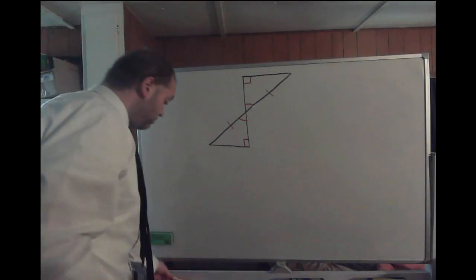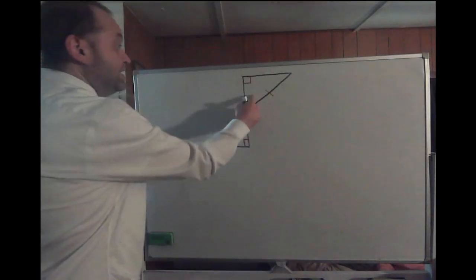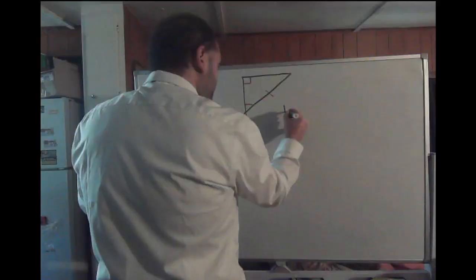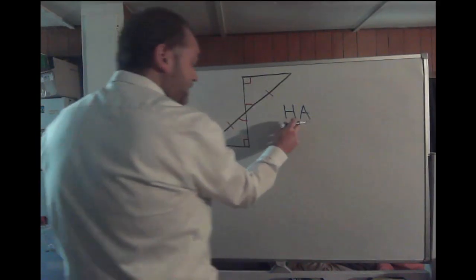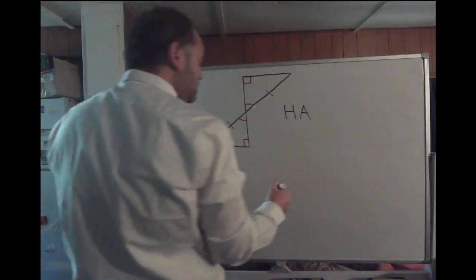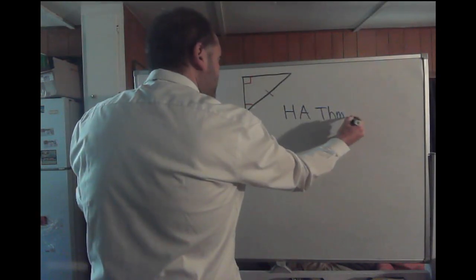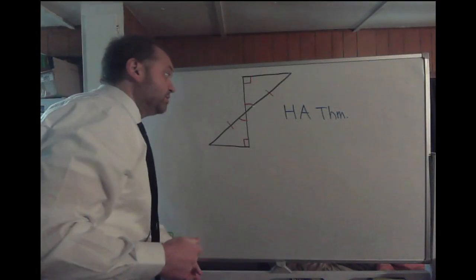So now what we have here is the hypotenuse and an acute angle congruent. So these are congruent by hypotenuse acute angle. So yes, these are actually congruent by the hypotenuse acute angle theorem we can use.